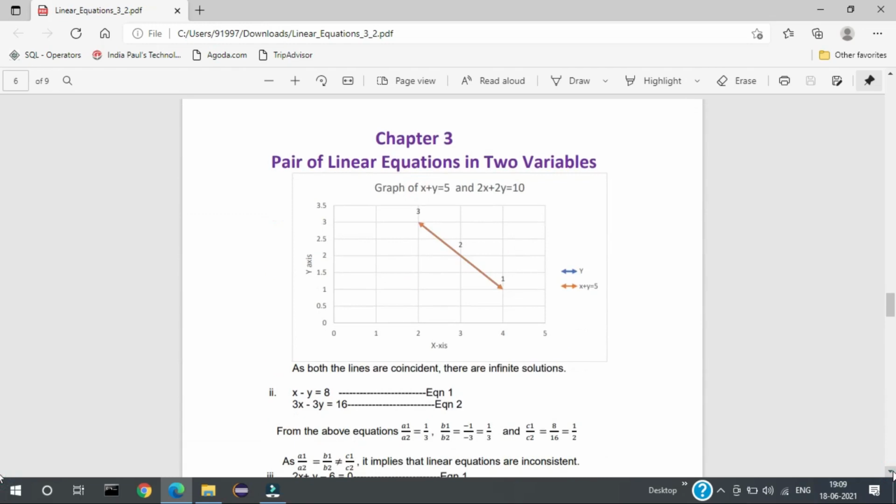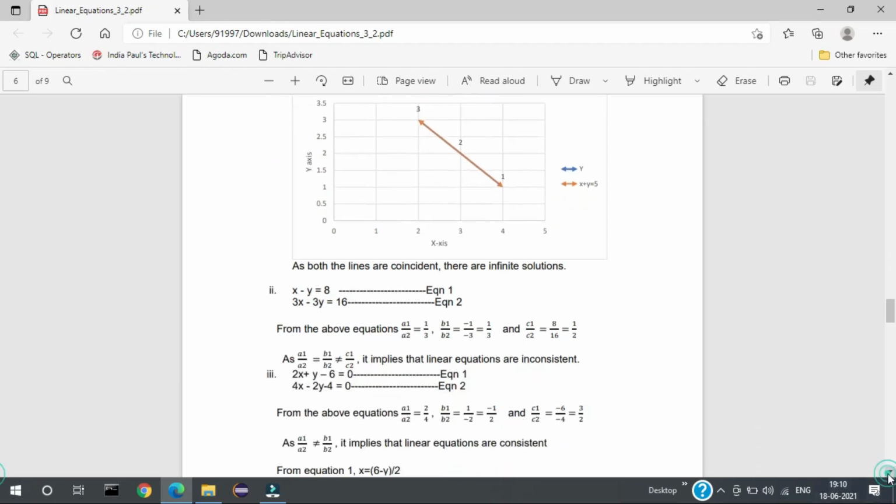So by using these values on the x axis and y axis, the first line is x plus y equals 5, and the next one is 2x plus 2y equals 10. As both the lines are coincident, we get infinite solutions.